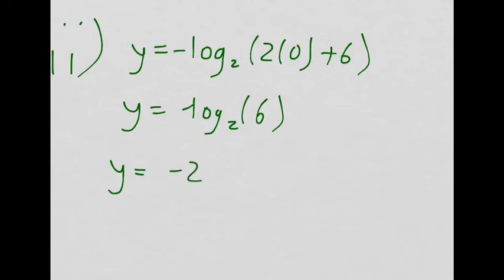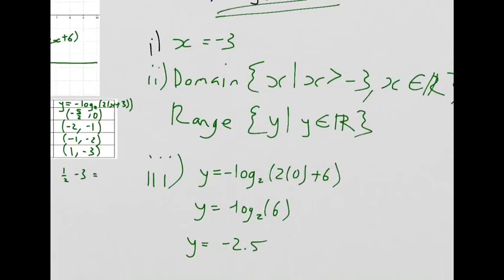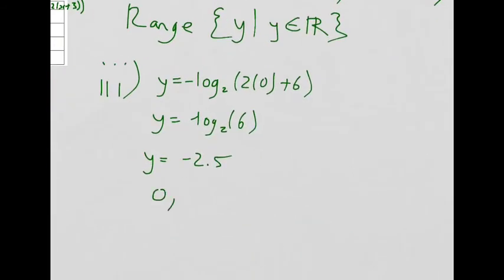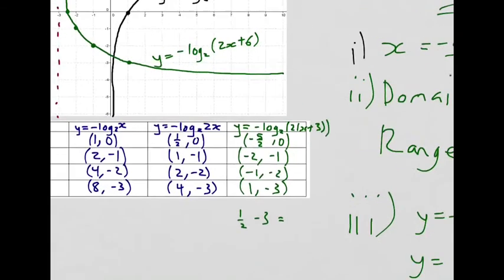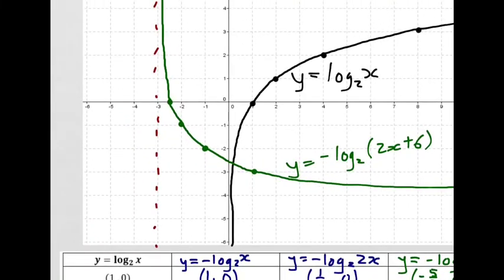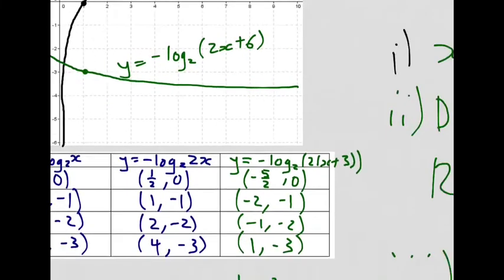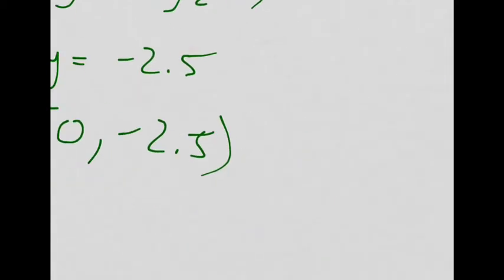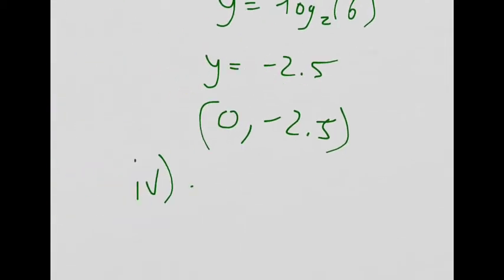Negative 2.5. So we drew our graph pretty good. Nice. So there's our y-intercept, 0, negative 2.5, stated as a point. And then the x-intercept, it does have one. That one we plotted as a point. Should be negative 2.5, 0, right? So the x-intercept is negative 2.5 and 0.